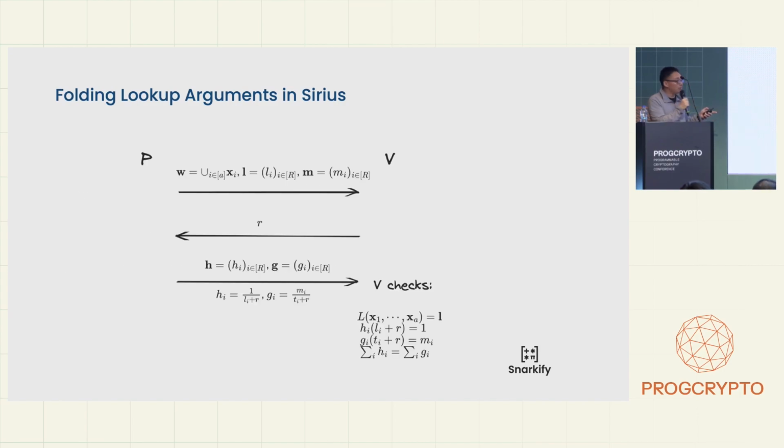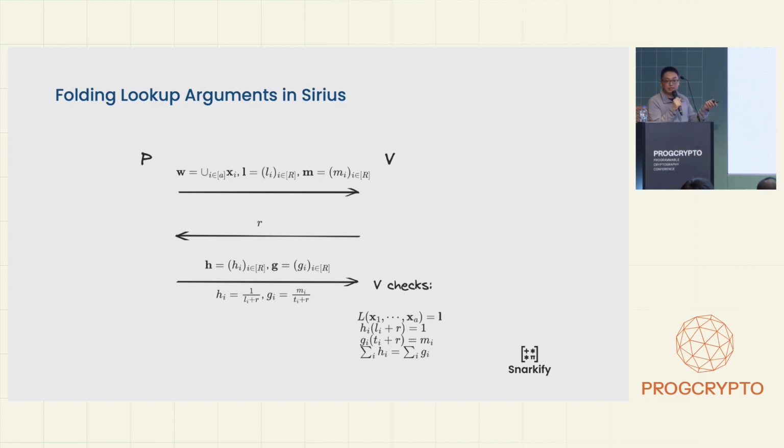So this is the protocol over the log derivative, because we already converted our lookup relation into this log derivative algebraic relation, so we can design a protocol. This is a 3-round special soundness protocol, and we can fold it. In the first round, the prover will send the concatenation of these 3 vectors, W, L, and M, to the verifier.